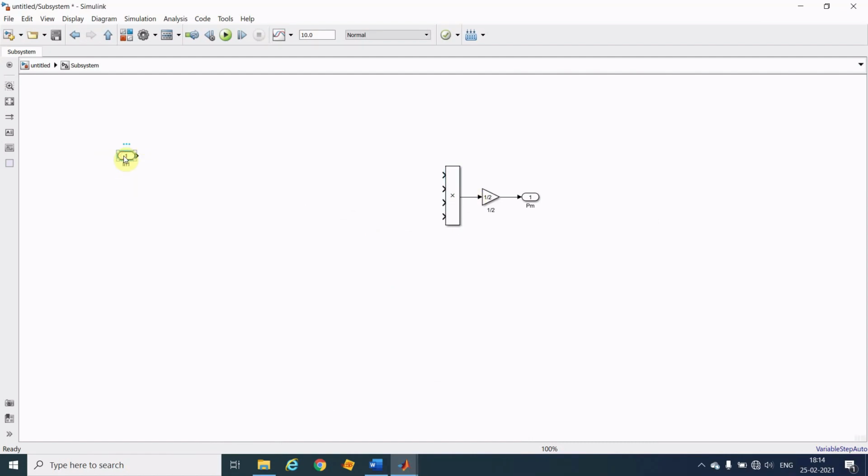The first one is A, the swept area. The second one is V to the power 3. The third one is a constant, that is air density.